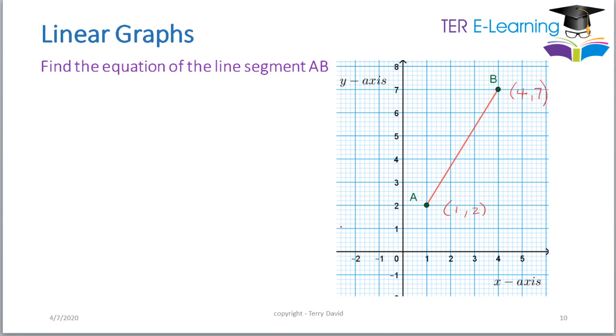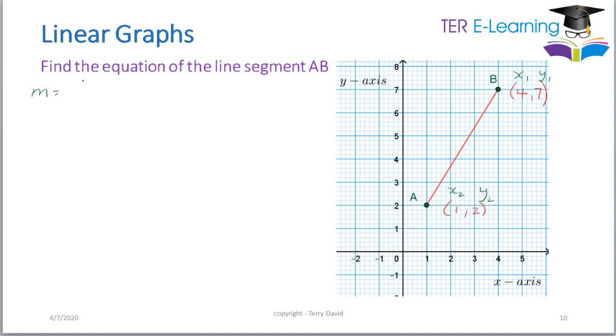All right? So just like with the previous question, the first thing I need to do is figure out what the gradient is. I need to know the gradient. So I already have these 2 points here, so I might as well label them. You can label them however you want. I'm going to label this x1, y1, and I'm going to label this x2, y2. So the first thing I'm going to do, I'm going to find the gradient of that line.